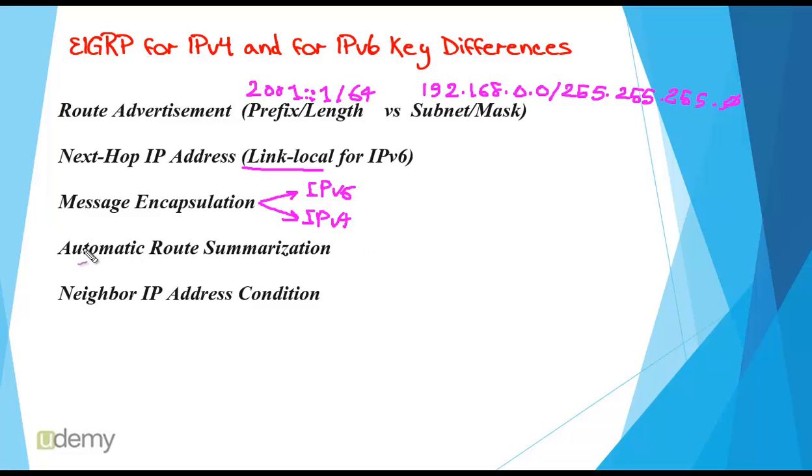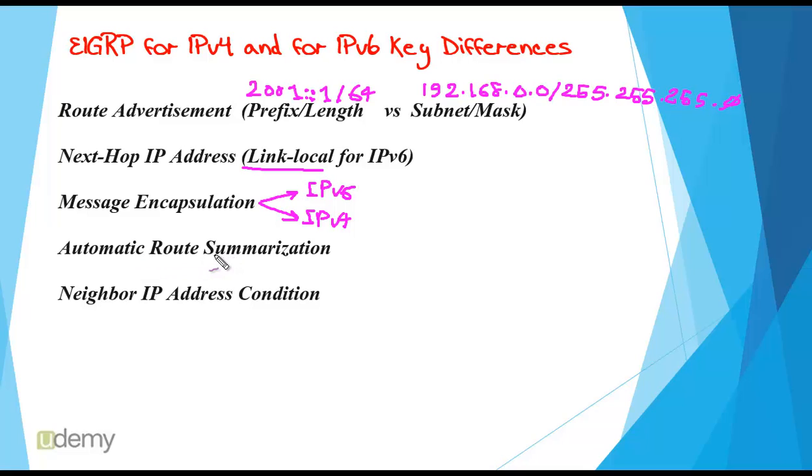EIGRP for IPv4 supports automatic route summarization only if you use classful IP addresses in your networks, and it could do automatic route summarization at the boundaries. But in IPv6, we don't have any class concepts. Therefore, EIGRP for IPv6 could not do automatic route summarization in any format.